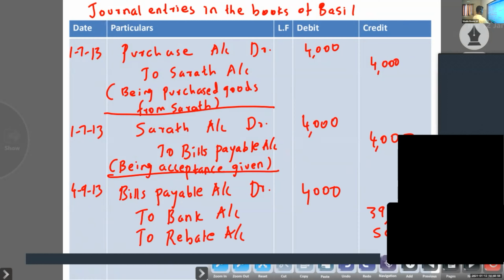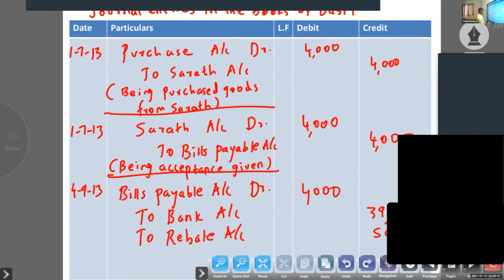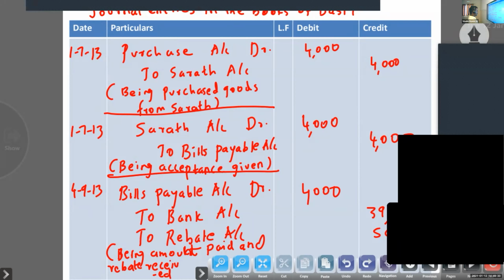So for 4,000, through cash 3,950, we got rebate 50, being amount paid and rebate received.